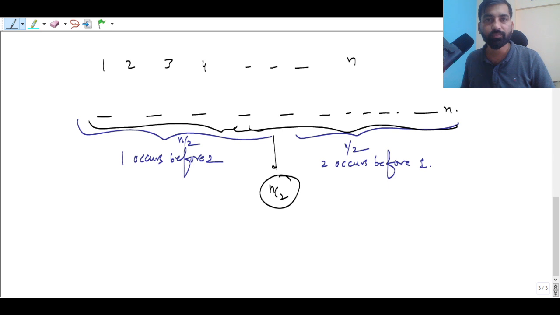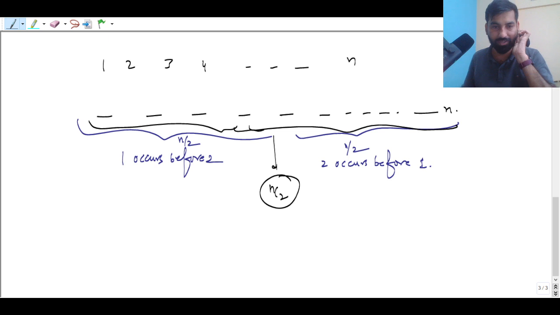Out of nC2 ways to choose 2 positions, one for 1 and one for 2, exactly half of them will have 1 occurring before 2, and the other half will have 2 occurring before 1. So the probability is going to be 1 by 2 only. Probability of x will be 1 by 2 and the probability of y will also be 1 by 2. I hope this makes sense.